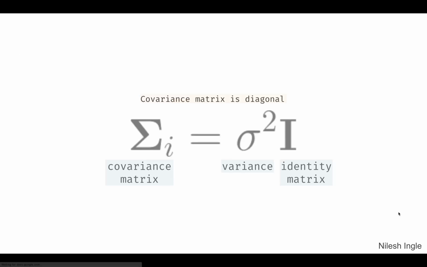The very first case that we are going to look at is when the covariance matrix is diagonal. What I mean by that is only the diagonal elements have non-zero values, and off-diagonal elements are all zeros. Because when we multiply the variance with I, that is the identity matrix, it only has the diagonal elements as 1, others are 0.